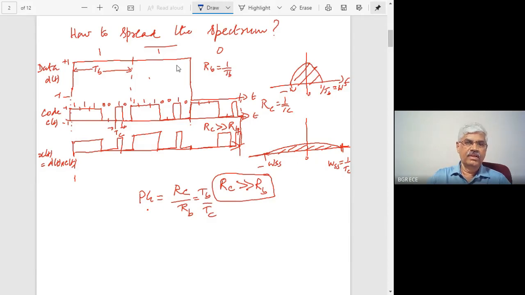Now, next would be to understand whether this is the only technique to spread the spectrum using a code, or are there any other methods? This is one method of generating the spread signal using this code, and this method is called direct sequence spread spectrum. Similarly, there is frequency hopping spread spectrum. You will see these techniques of spread spectrum later.